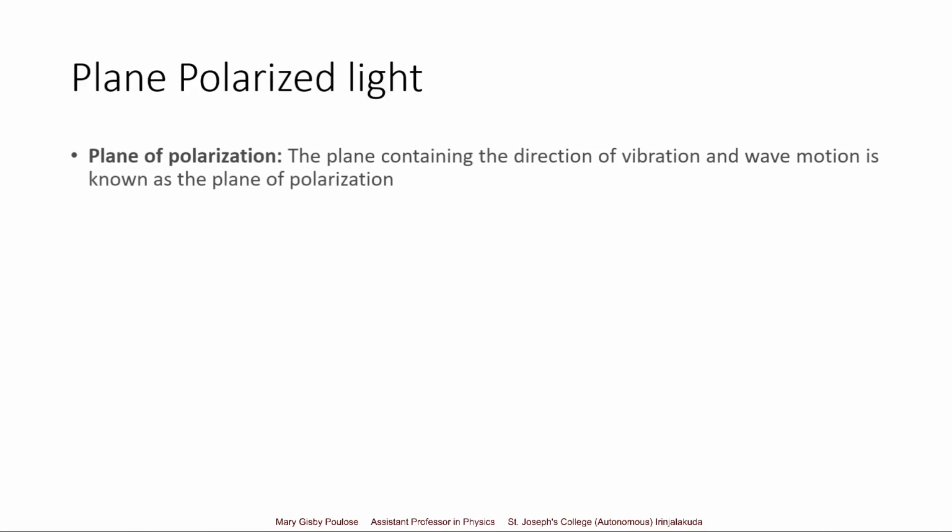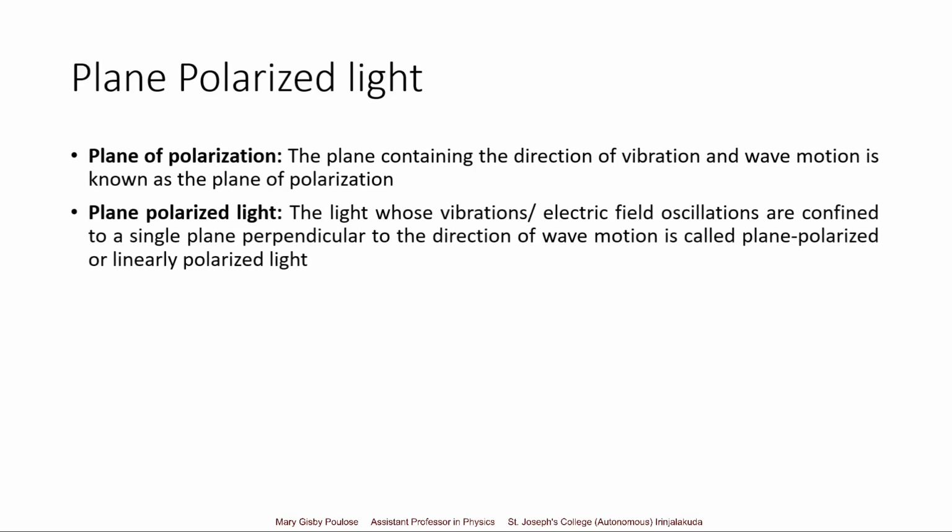Now, plane polarized light. For that, what do you mean by the plane of polarization? The plane containing the direction of vibration and direction of wave motion is known as the plane of polarization. Okay, so regarding the earlier figure, it is the XY plane. Plane polarized light is the light whose vibrations, or specifically its electric field oscillations, are confined to a single plane.